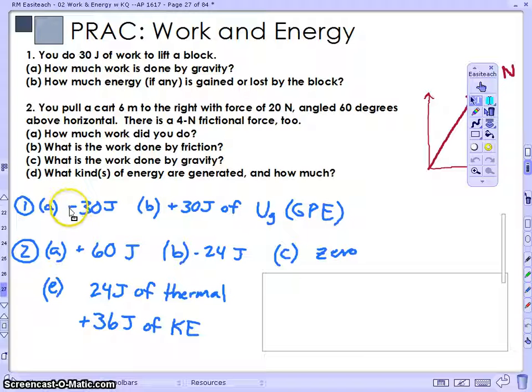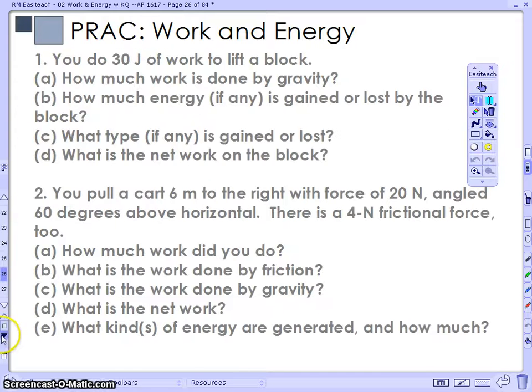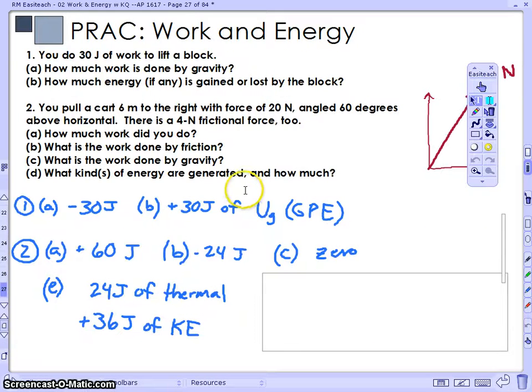So part A, by gravity, when you lift, that's negative 30 joules. 30 joules of gravitational potential energy is gained. And for number 1, the energy type was also listed, and there's 0 net work. So part D, this should say 0 net work for number 1.